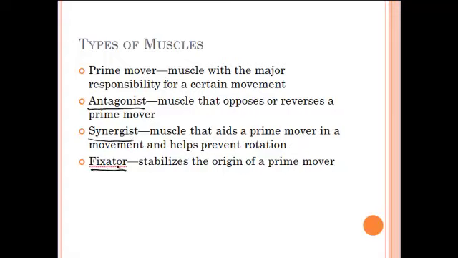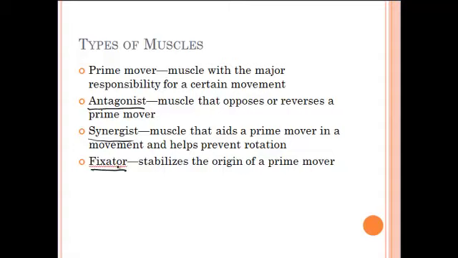The fixator stabilizes the joint so that things aren't moving around when the prime mover is moving. So fixators, for example, the muscles of your back that help you keep a certain posture, those would be fixator muscles. They're holding everything stable, so that as you move or you're running, your back's not going all different ways. It's held in a certain position.